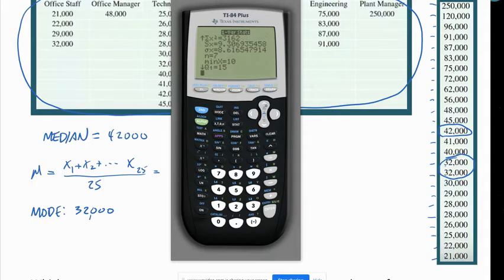But this gave us the average and the median of the list of data. Okay, so you can use the graphing calculators and Excel spreadsheets to calculate these for large data sets, and also just to check your answers when you're doing homework problems.